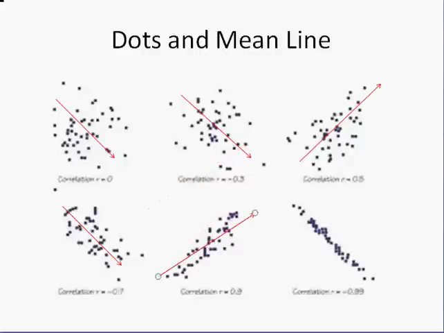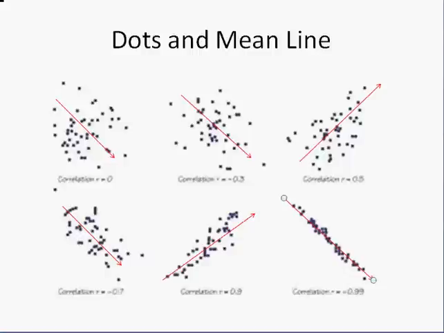But the closer the dots are to this mean line, or the residual line, the better, because you want more straight, more accurate data. These dots show the distance between the dot and the mean line, which is your correlation, how accurate your data should be.